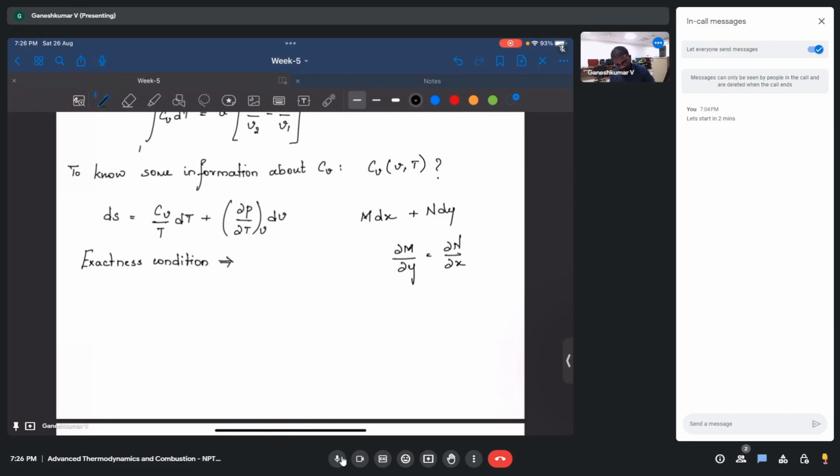Here M is Cv by T. So dou by dou V of Cv by T should be equal to dou by dou T of N, and N is dou P by dou T at constant V. Here also it is at constant x and constant y, so this is at constant V and constant T.